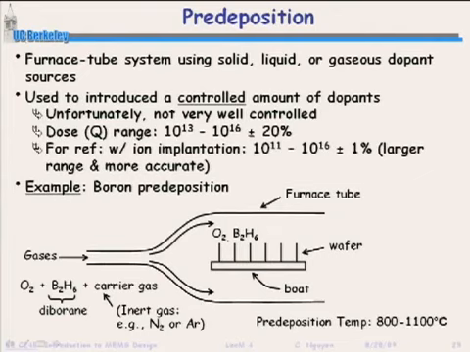You use this to introduce a controlled amount of dopants in pre-deposition, but this kind of thing is not great in its control. So remember, dose equals the number of dopant atoms that you actually get into the silicon. And using this furnace-based approach to introduce the dopants, you're going to have a range of from 10 to the 13th to the 10 to the 16th dopants per cubic centimeter is what I'm talking about here, plus or minus 20%.